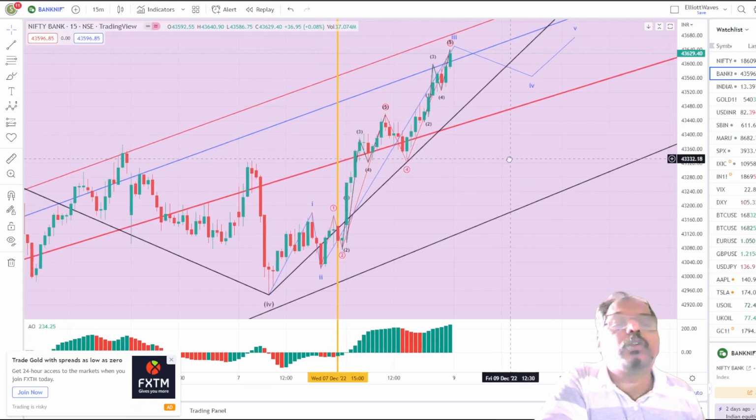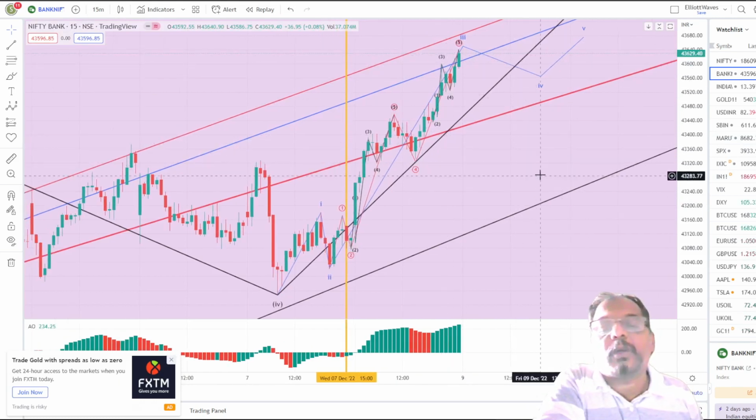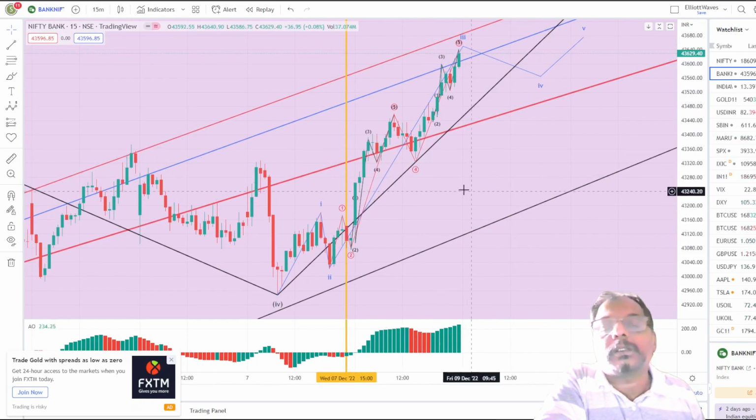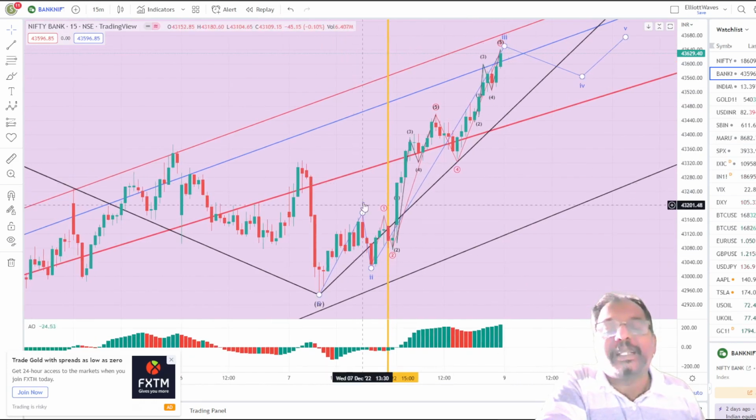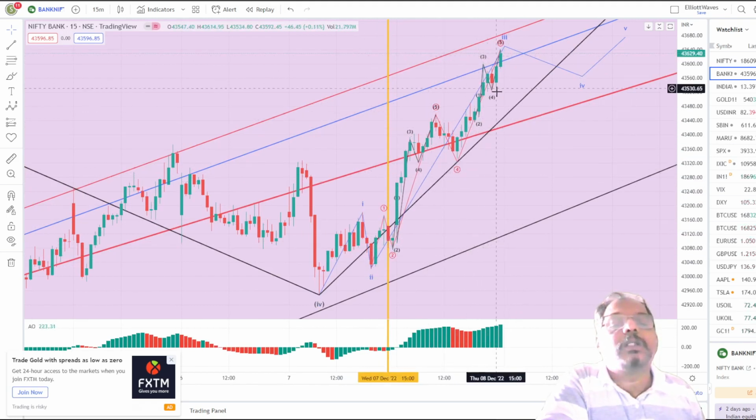Okay, so in the lowest level that we have plotted, let me also check. There's one, two, three, four, five. Within that you have got one, two, three, four, five.